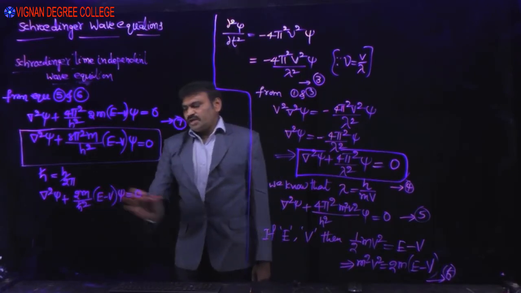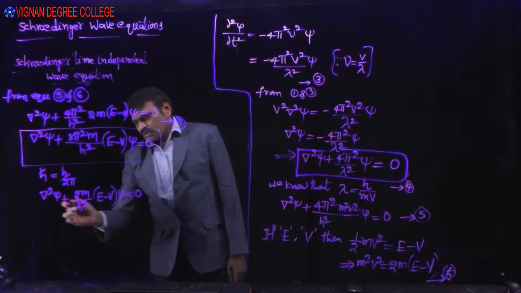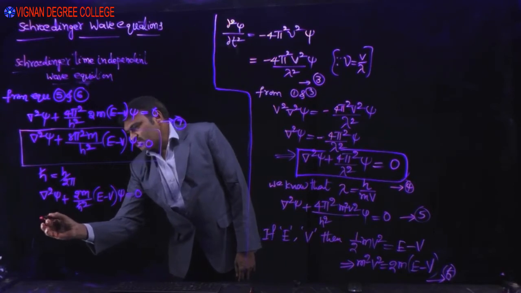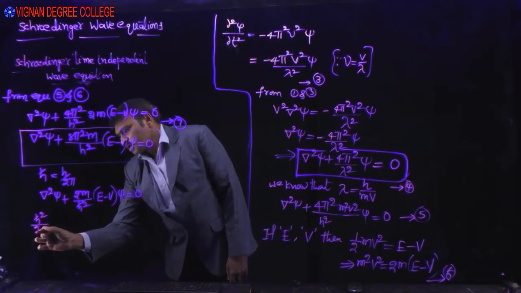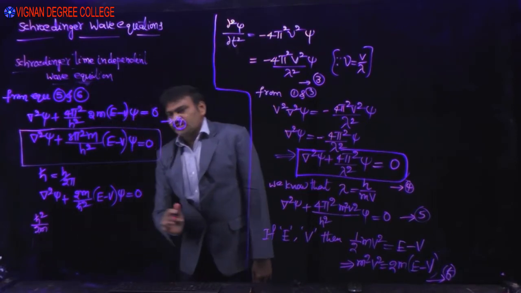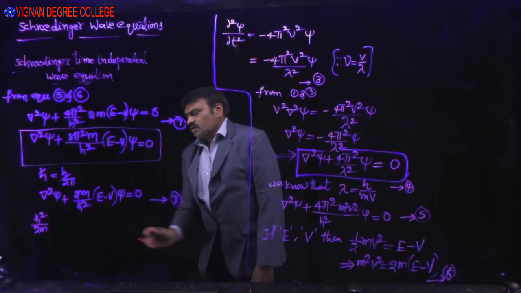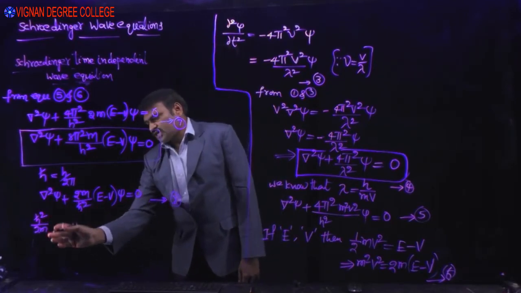Again, this can be written in operator form. How can we write it? Multiply equation number 8 by h cut square by 2m.